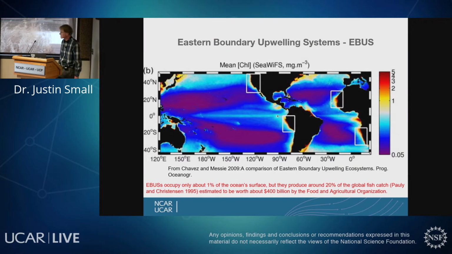As an introduction, this is a map of the chlorophyll from satellite over most of the globe, pinpointing areas of high productivity in the ocean. The four boxed regions shown here are commonly referred to as Eastern Boundary Upwelling Systems, or EBUS.